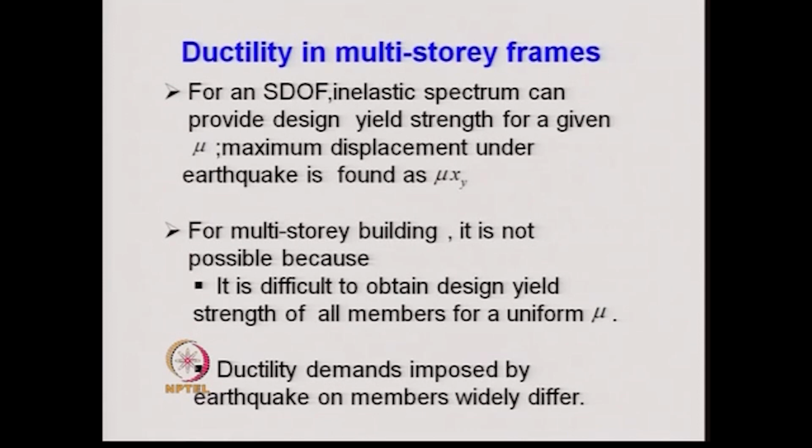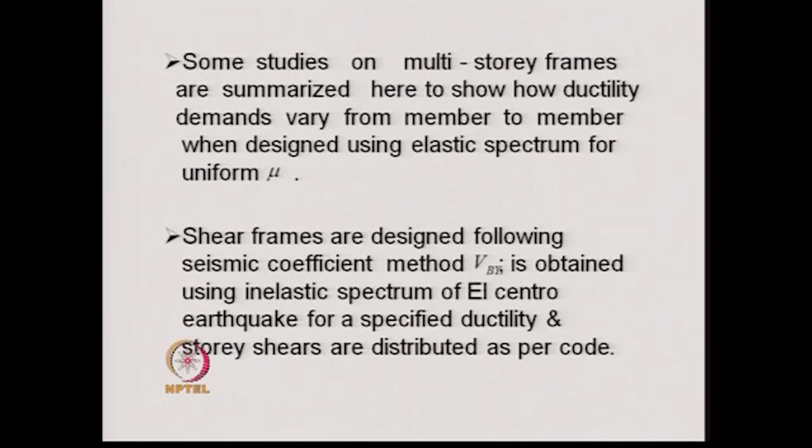Thus, there is no uniform ductility that can be talked about for the multi degree of freedom system or a multi-story building. Now, some studies on multi-story frames are summarized here to show how ductility demands vary from member to member when designed using an elastic spectrum for uniform mu.